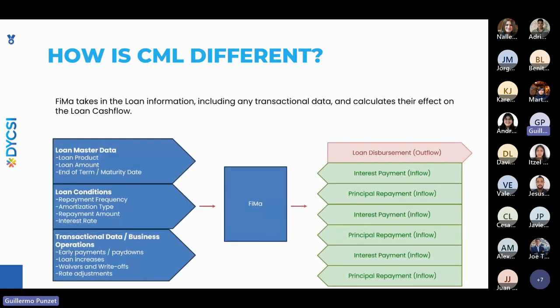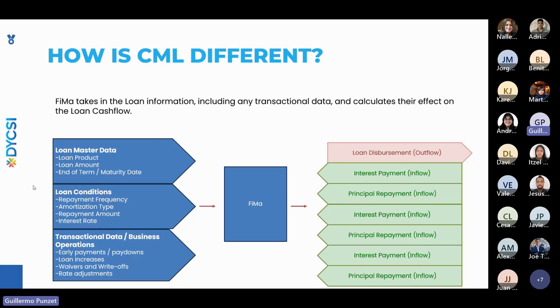Now, let's try to visually understand what goes on in CML. So again, like we discussed earlier, many systems at their core have basically repayment schedule logic, right? They have this tabular formula-based logic in their core. But CML actually has FEMA, the Financial Mathematics Engine, in its core. And what it does is it takes all of the loan's information, like master data. You can take information about the specific product that has been created, obviously the loan amount, the maturity date, and so on, all the master data.